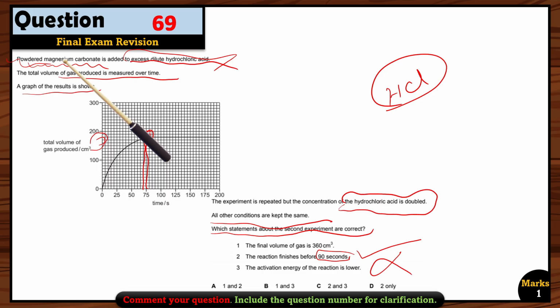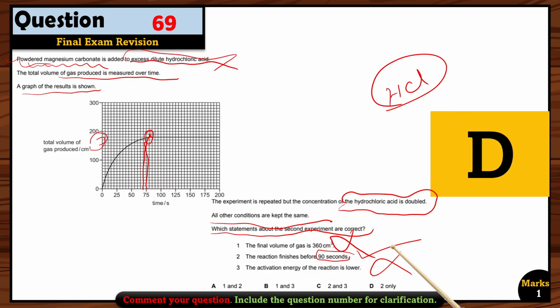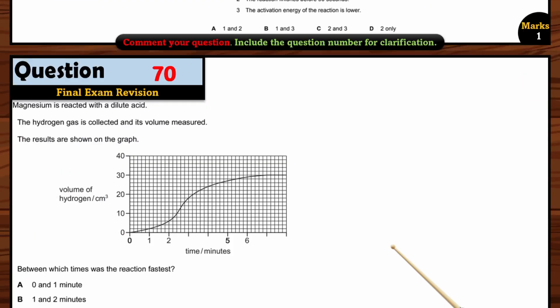If magnesium carbonate was in excess and the concentration of the HCl was increased, then you could get more volume. But here you will get the same volume because we don't have more magnesium carbonate. So option 1 is also not a right option. So the only right option is 2. So option D is the right option.